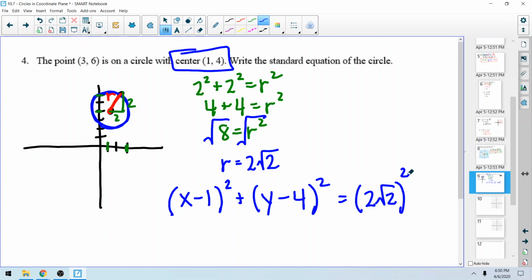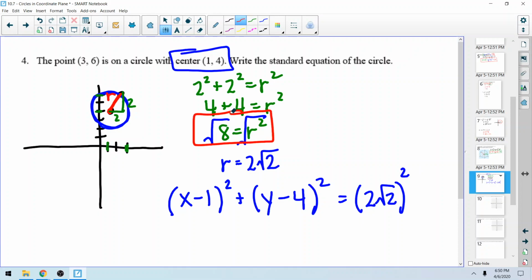Okay, now if you can do this little part in your head, 2 root 2 squared, absolutely. If not, grab your calculator, use parentheses. 2 times the square root of 2, close that parenthesis, squared, and you should be getting just 8.